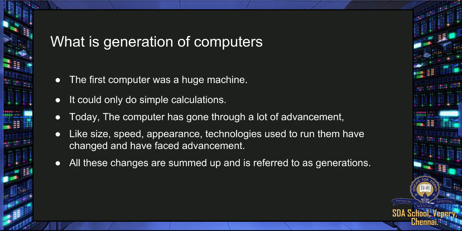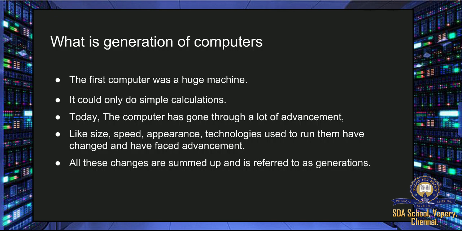Likewise, computers also have generations based on their technological advancement. The first computer was a very large machine. It was almost the size of a room. It was that big in size. But nowadays you have slim laptops, palm tops, slim computers, etc. So that is the advancement from the first generation to this generation.